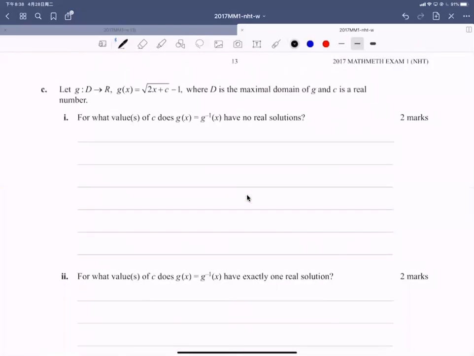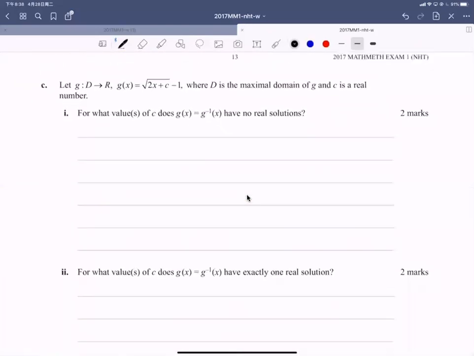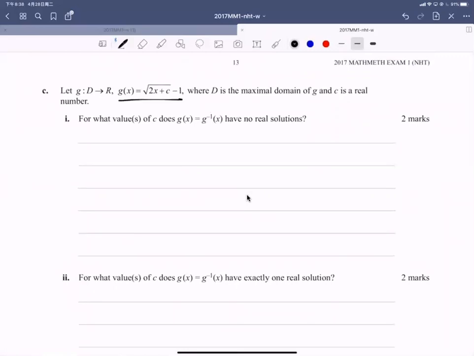All right. Now we have a new function, so we are swapping the 1 with c. D is the maximal domain of g, and c is a real number. For what values of c does g(x) equals g inverse(x) have no real solutions? All right, so let's try x equals root 2x plus c minus 1.